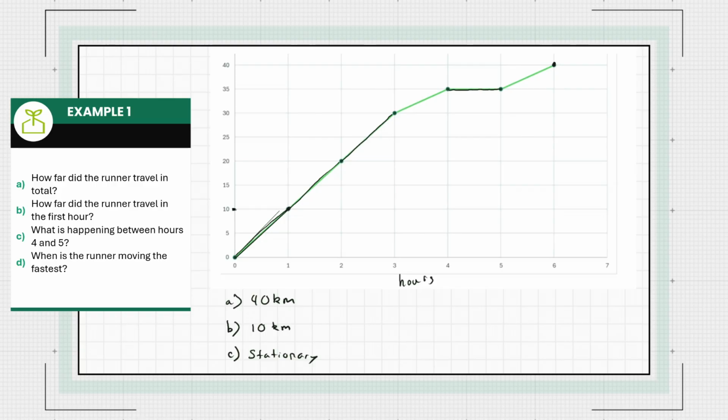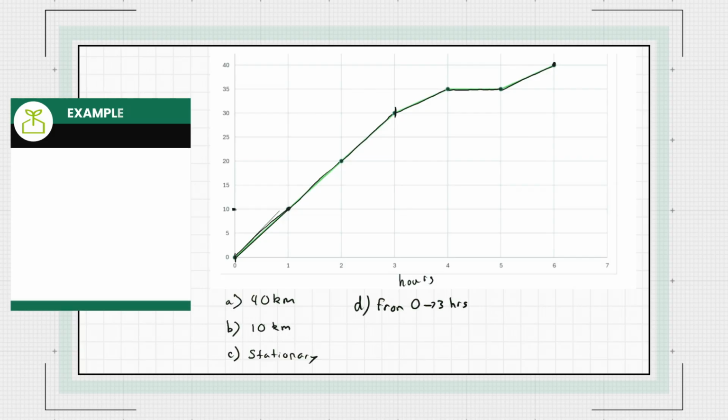So after that, he travels in 1 hour 5 kilometers, then takes a rest, and then finally another 5 kilometers. So his fastest speeds are between when he starts and the 3 hour mark. So for D, this will be from 0 to 3 hours. Okay?